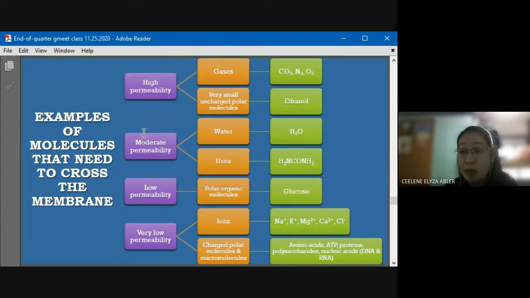It does not require energy class, but it requires transport proteins. The type of transport protein we use for that is called channel proteins. We have your aquaporins. We have different types of aquaporins class.